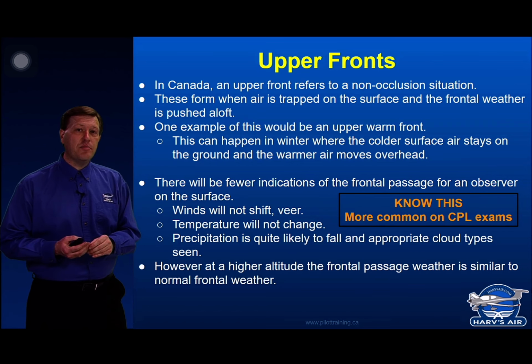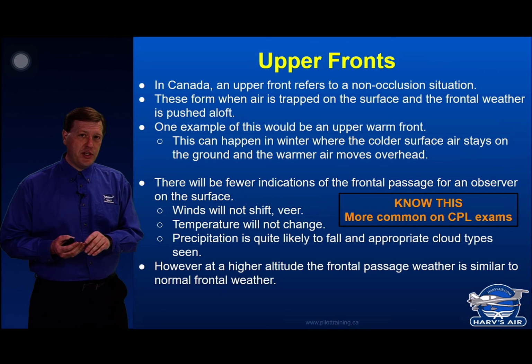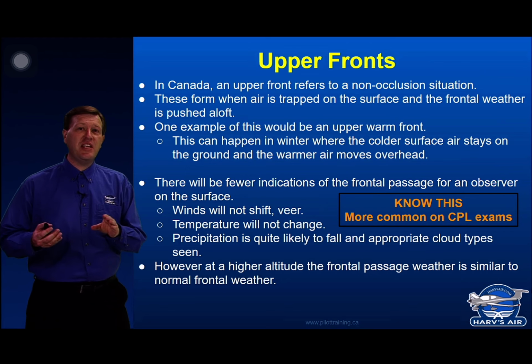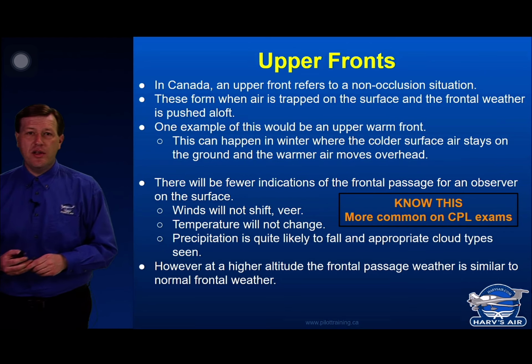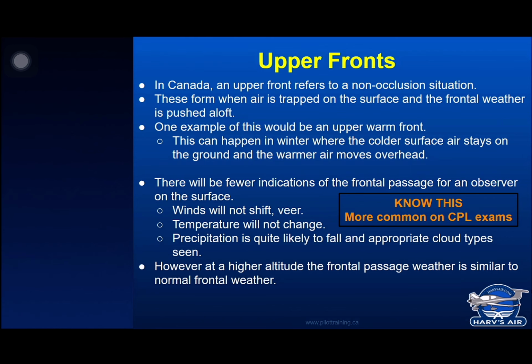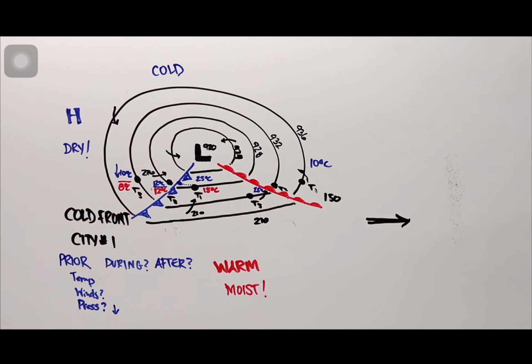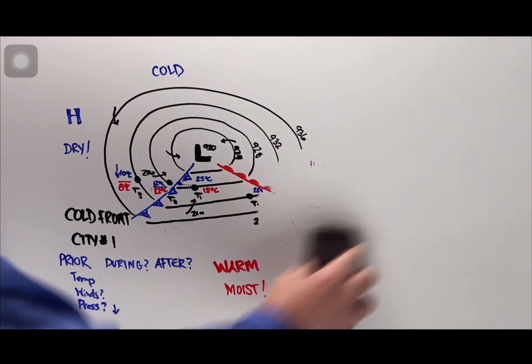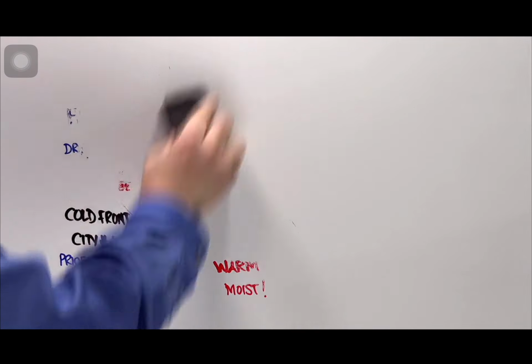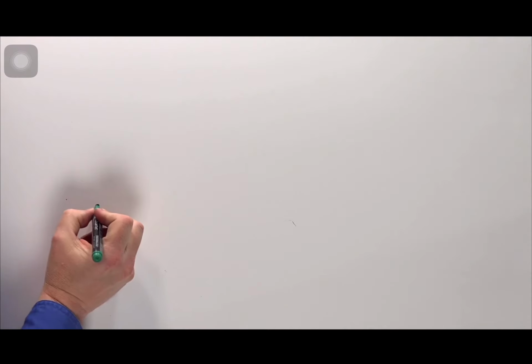Okay, so let's go to the whiteboard for just one moment, and I'll show you probably the easiest example that I can think of where this could happen. So we'll erase our nice low here. And then we're going to imagine a scenario like this.